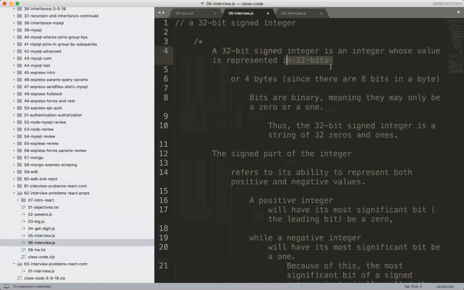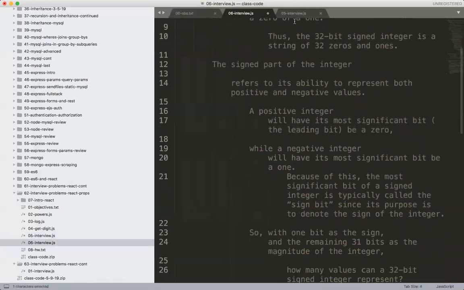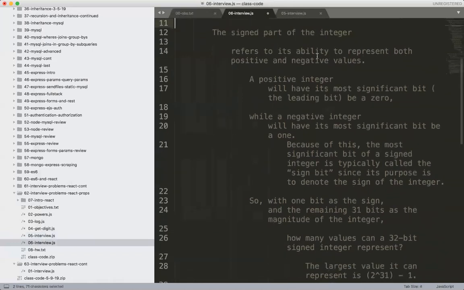Bits are zeros and ones, or 4 bytes. Each byte can be represented as a character. Since there are 8 bits in a byte, 32 divided by 8 is 4. So it can be a string of 32 zeros and ones.